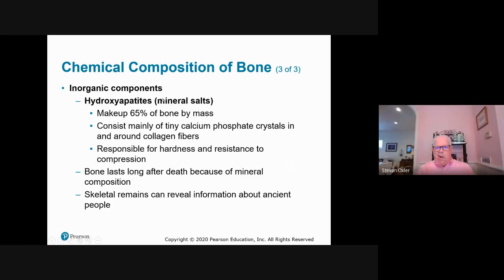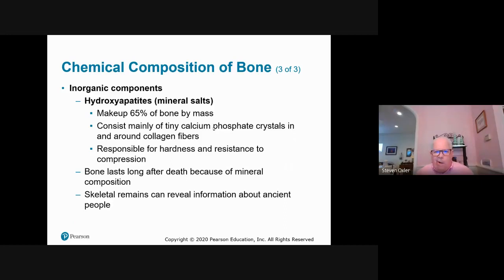And those mineral salts all together are called hydroxyapatites. It makes up the majority of the mass of the bone and basically consists of calcium phosphate crystals. Calcium and phosphorus go together to form the mass of the bone. This calcium phosphate crystal matrix is responsible for the hardness and resistance to compression.